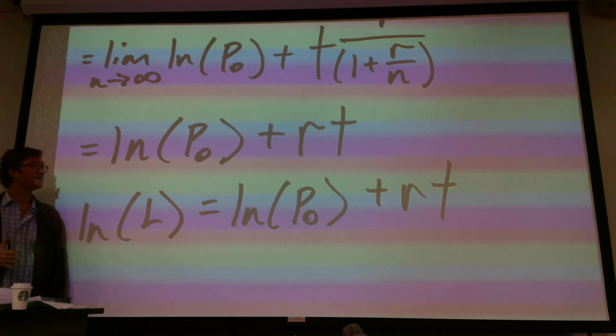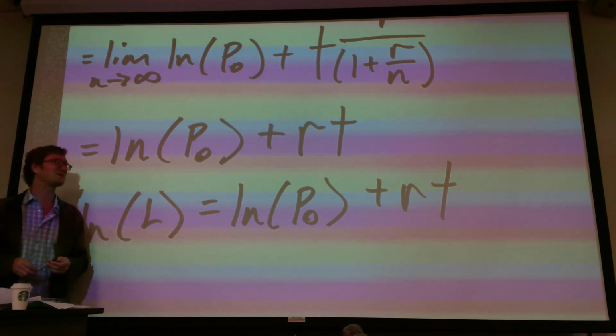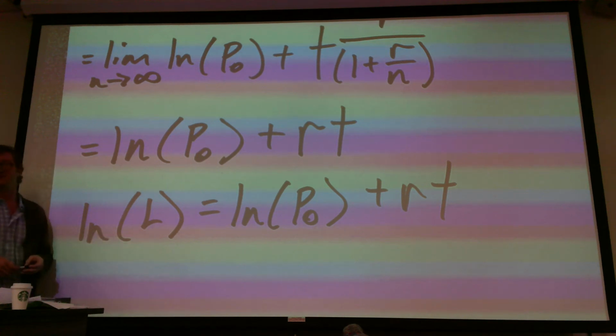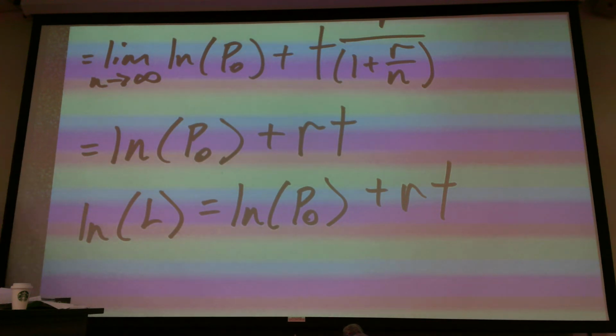Actually, this is one of the confusing things about mathematics, is sometimes mathematicians will skip all the steps in the middle and just jump to this, and you're like, how did you get there? But this is ultimately the statement that we are dealing with.